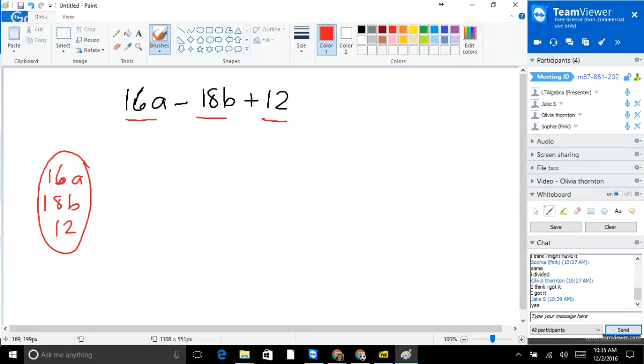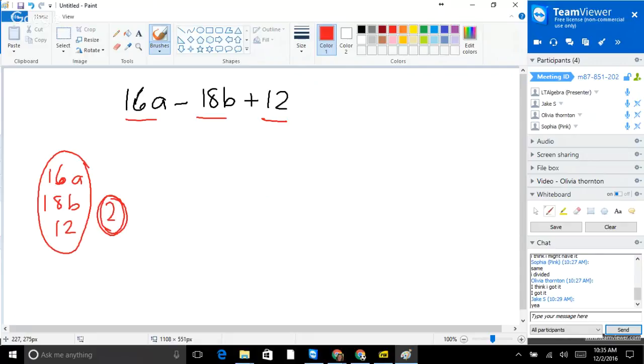They have 2 in common. Yep. Is there any number bigger than 2 that they all have in common? 3 doesn't work, because 3 doesn't go into 16. 4 doesn't work because 4 doesn't go into 18. 5 doesn't work. 6 doesn't work because 6 doesn't go into 16. So 2 is the biggest number that they have in common.